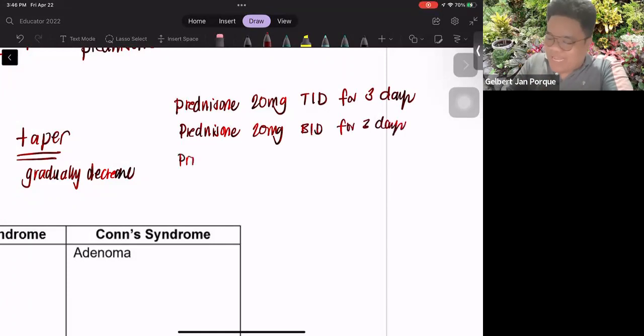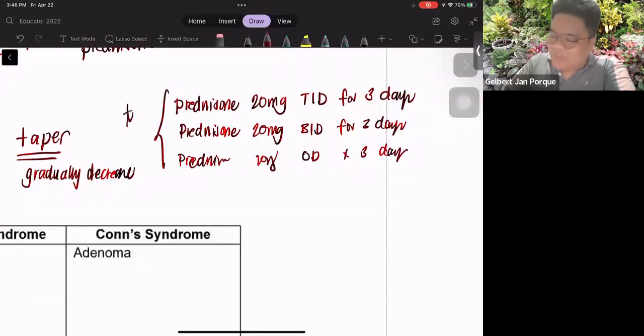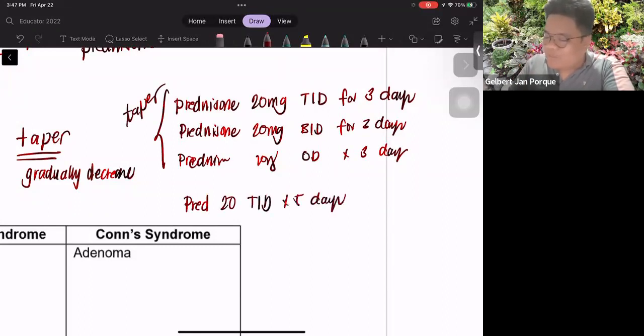Then prednisone 20 milligrams OD for 3 days. Here you can see that the doctor is trying to taper the dose of the medication. It is not possible that the doctor says, you have asthma, take prednisone 20 milligrams TID for 5 days then stop. No, because that would increase your risk for adrenal insufficiency.